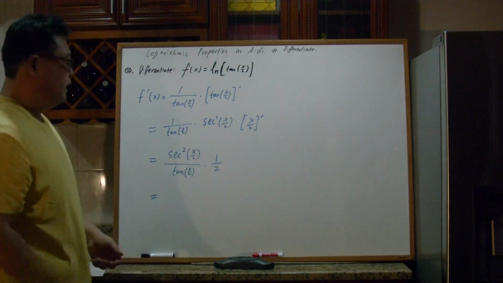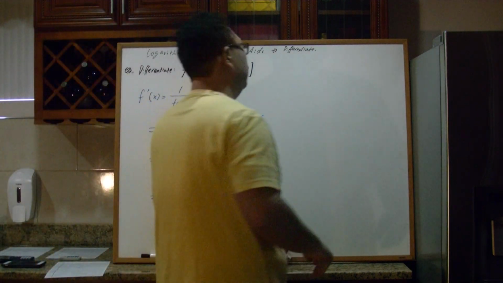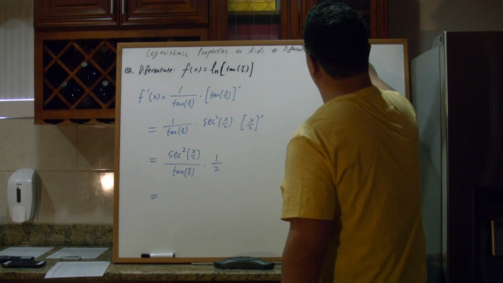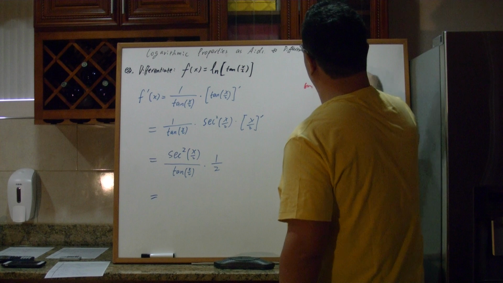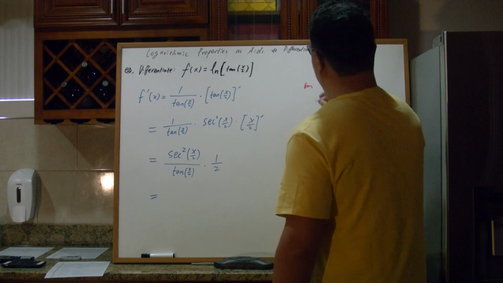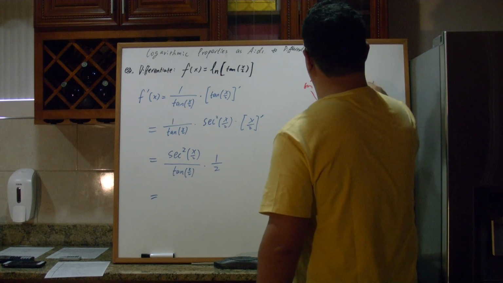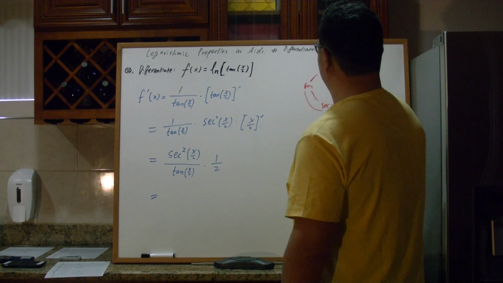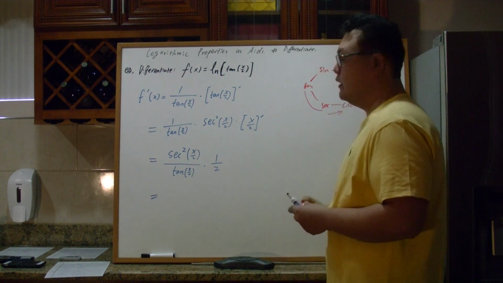When we recall the formulas, sine, cosine, tangent, cotangent, secant, and cosecant, anything next to each other we are able to divide and get a new form. Secant over tangent is the form of cosecant.